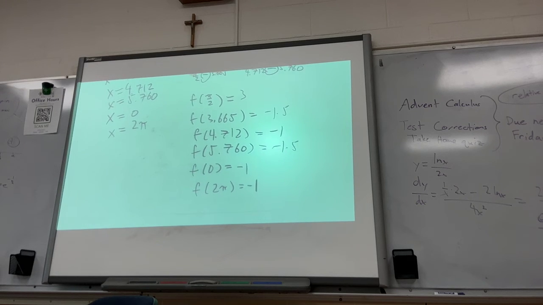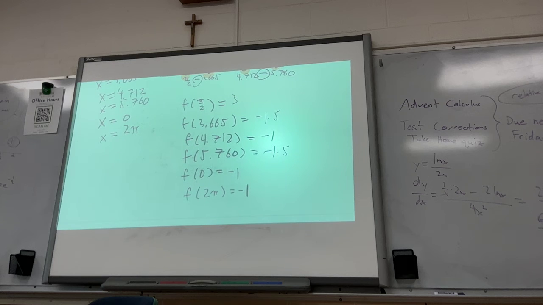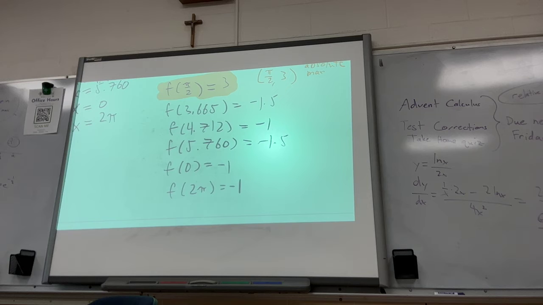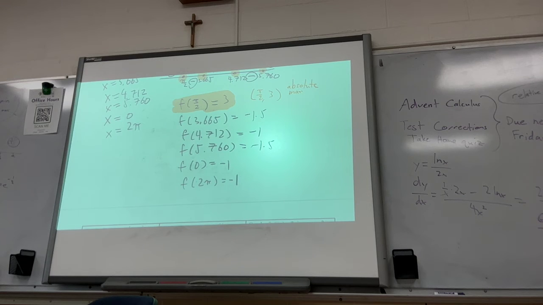So we just choose the biggest and smallest values. Where's my absolute max? Pi over 2, so pi over 2, comma 3 is my absolute max. Where's my smallest? 3.665 and 5.760, so these two are both my absolute mins.